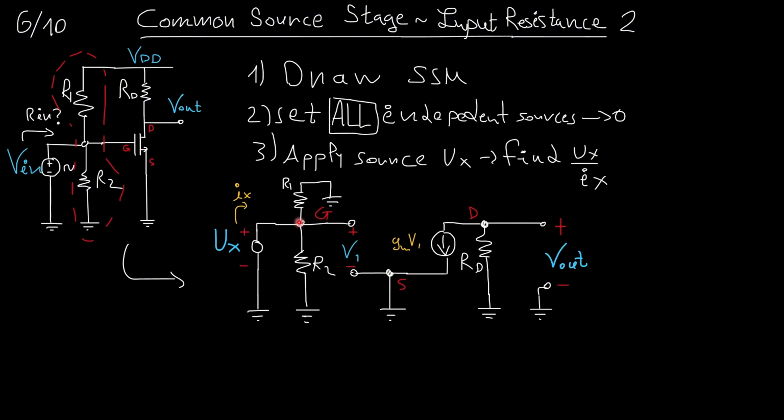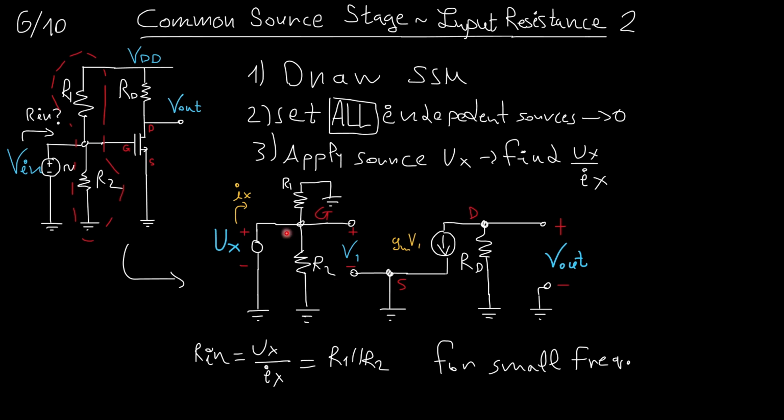Now there is a pathway for the Ix to flow to, which is the two resistances in parallel. Again, this is true for small frequencies. If the frequencies were kind of higher, there would be a capacitance between here and here, and it would disturb the circuit.